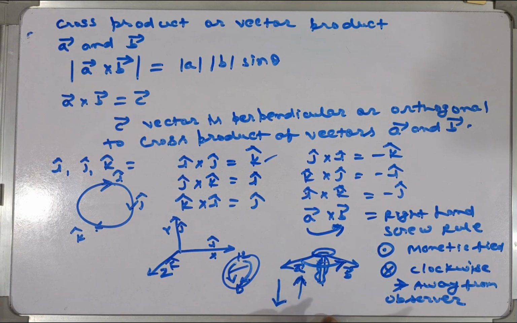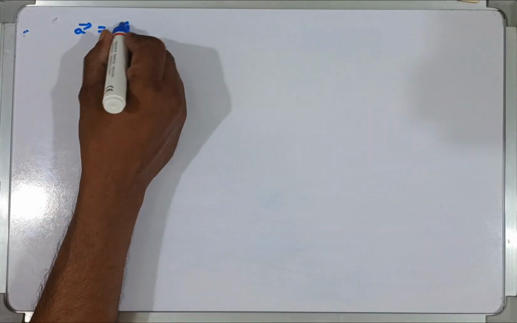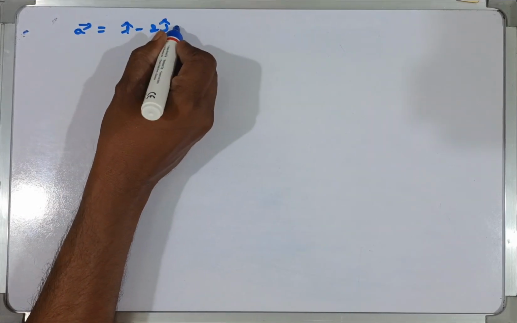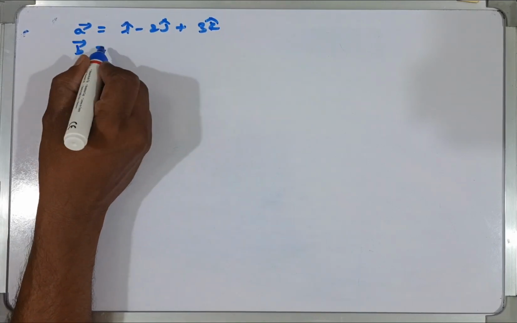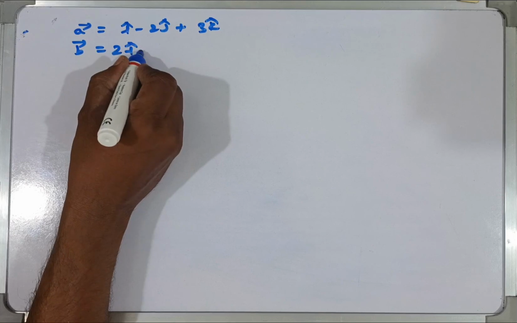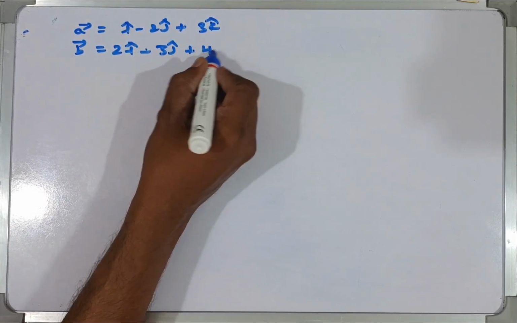Now guys, time to see one question based on the cross product. Suppose vector a equals i minus 2j plus 3k, and vector b equals 2i minus 3j plus 4k.